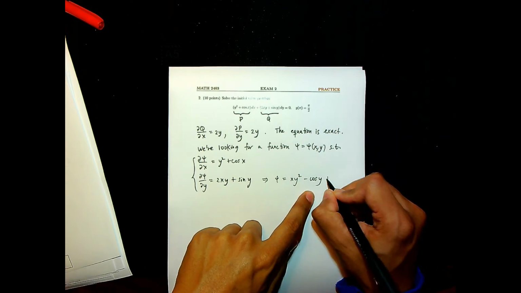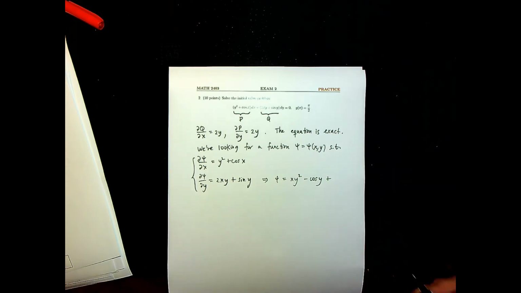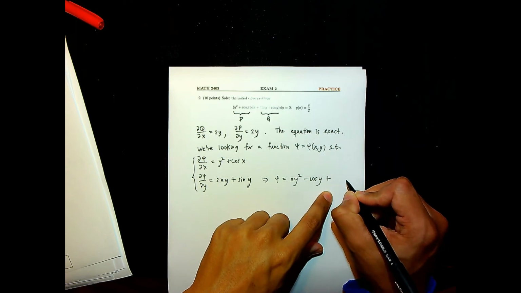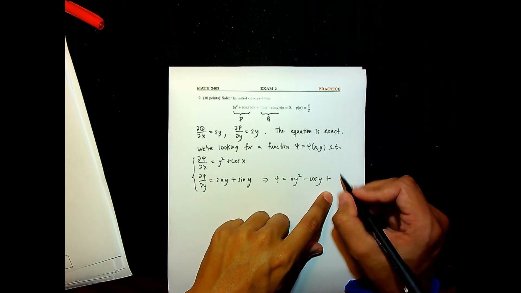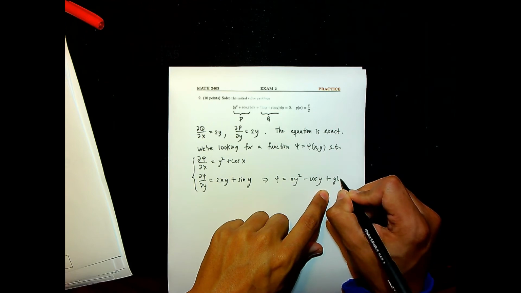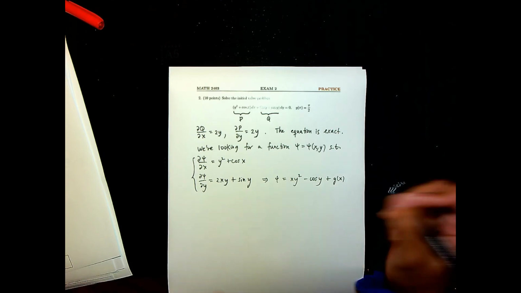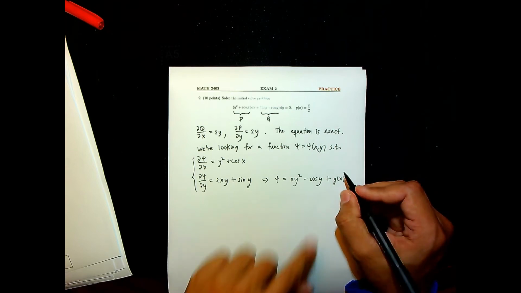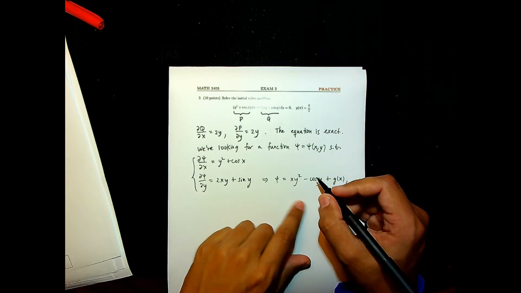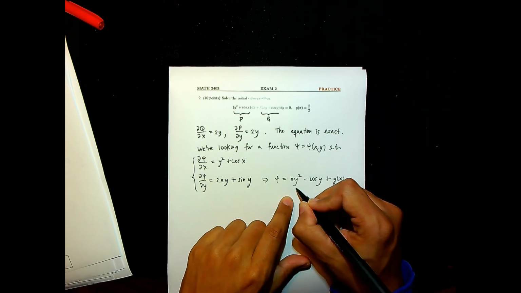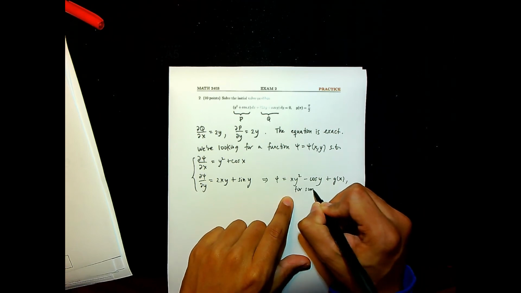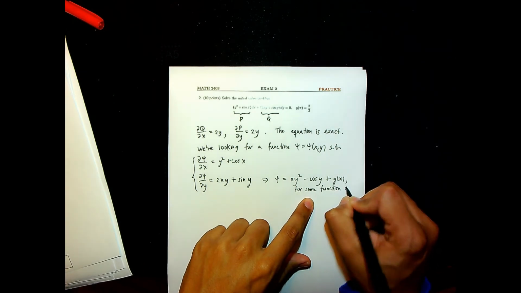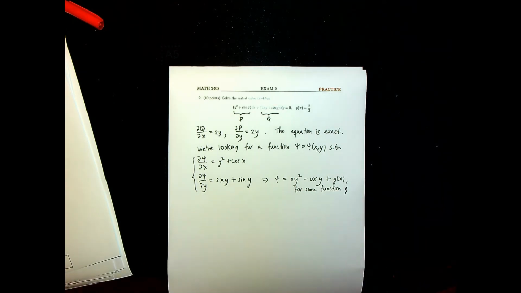And then, because we're integrating with respect to y, there could have been some expressions here with x that when we take the partial with respect to y, they disappear. So that means there could have been some other stuff here that had x, like a function of x. So plus g of x for some function g. Okay, so that is psi.